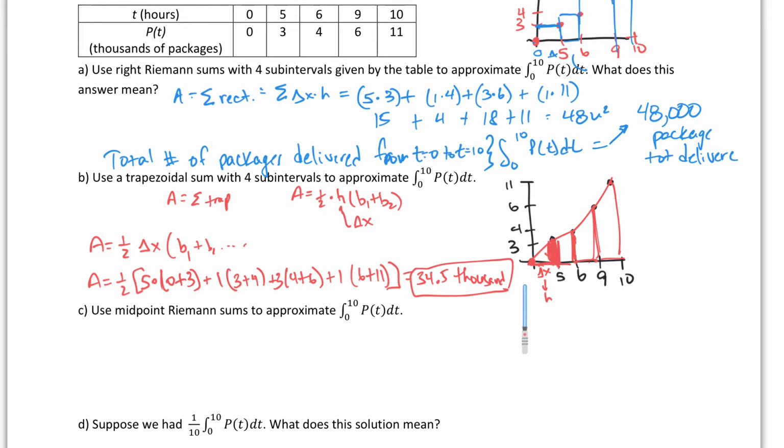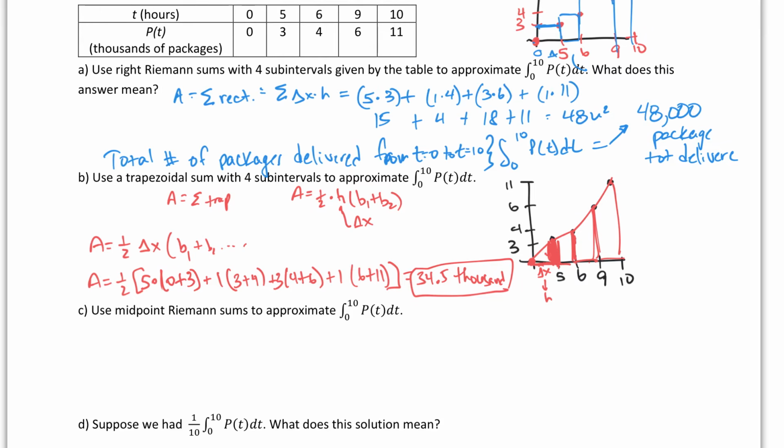The 1/2 is because they all have that half in common. So all I did was width, delta x, times base 1 plus base 2, for each one, so that I kept things consistent.